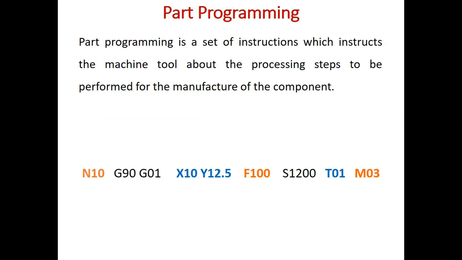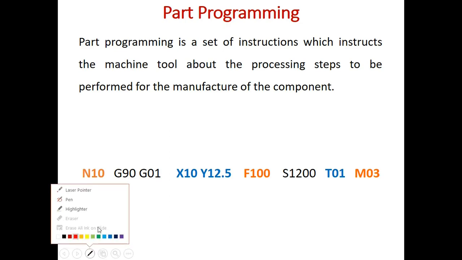So let's start with the first, part program. Part programming is a set of instructions which instructs the machine tool about the processing steps to be performed for the manufacturing of the component. So we have given you a simple line of a part program.